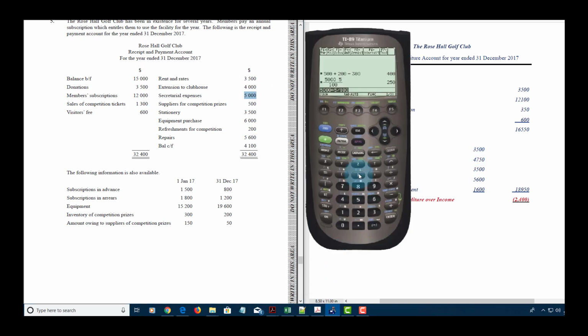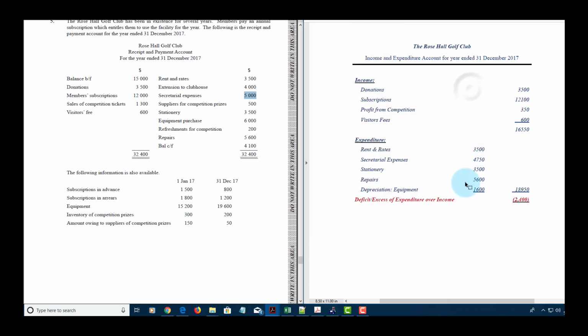So 5,000 multiplied by 95 over 100 is 4,750. Or you could have simply subtracted the 250 from the 5,000. Stationery 3,500.